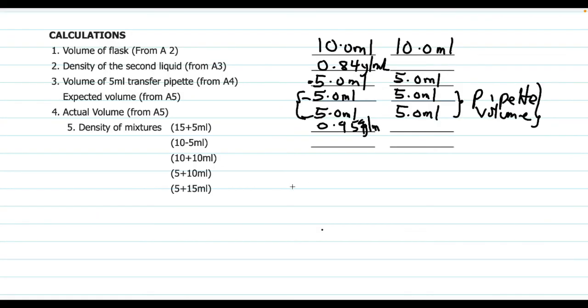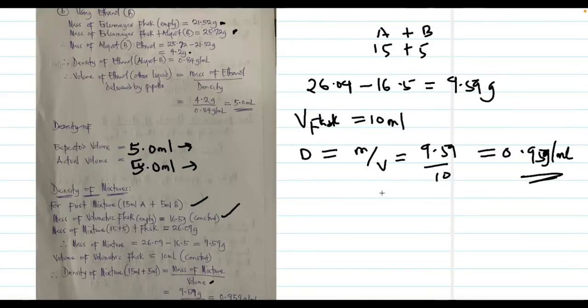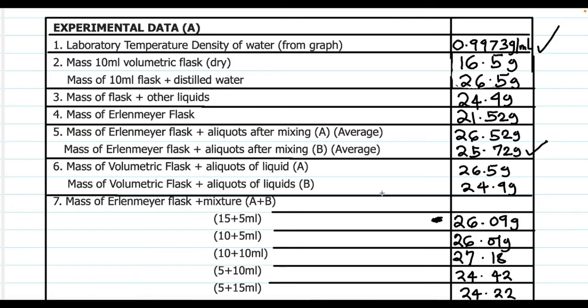So we proceed to the second mixture. From our calculation, the mass of the second mixture with the flask is 26.01.